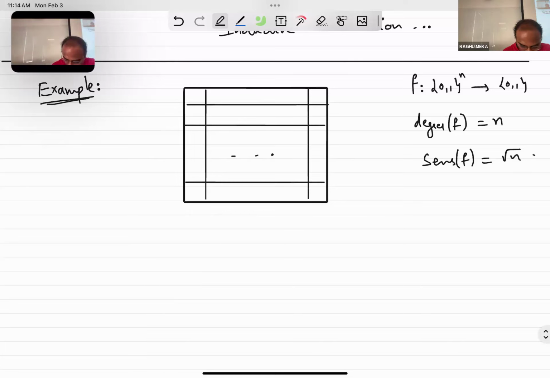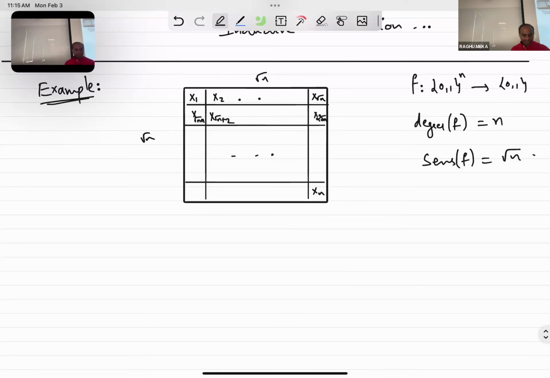And what is this function? There are two ways to view it. I'll write down the formal equation in a second too, but imagine I write down these n variables in blocks of root n. Okay, so this is a root n by root n block matrix where I'm just grouping the entries x1 through xn in terms of blocks of root n.